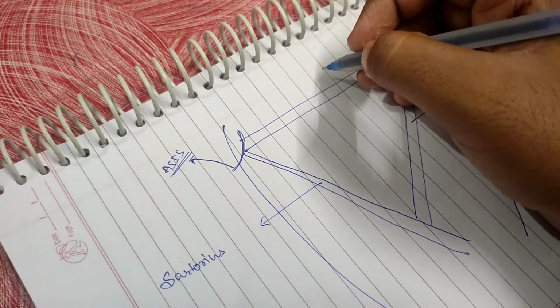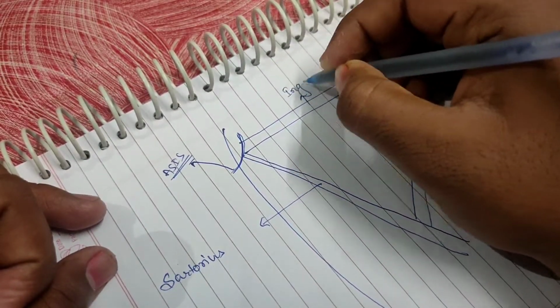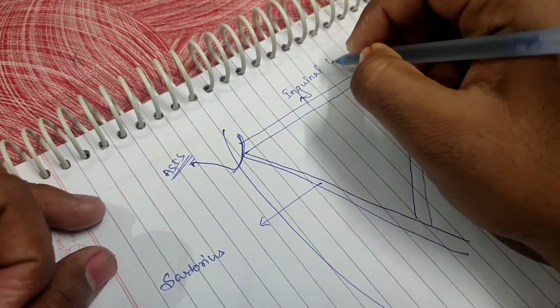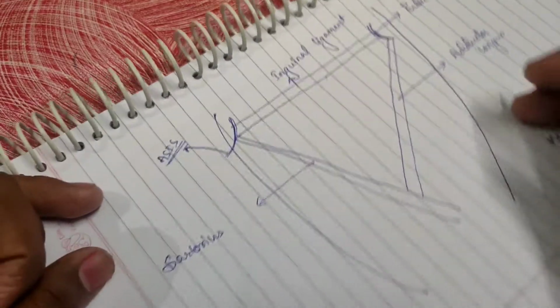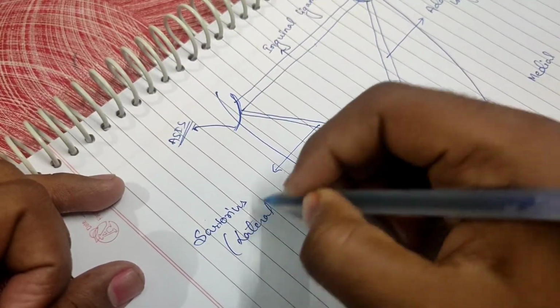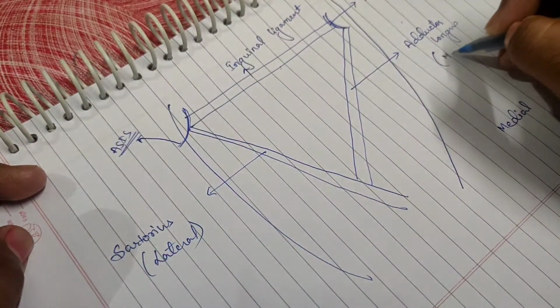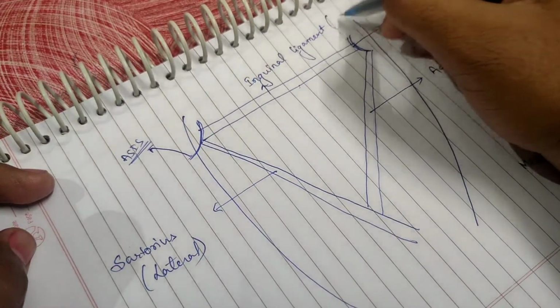And on the superior side, as I've already told, the inguinal ligament is present. So sartorius is the lateral border, adductor longus is the medial border, and the inguinal ligament is the superior border.